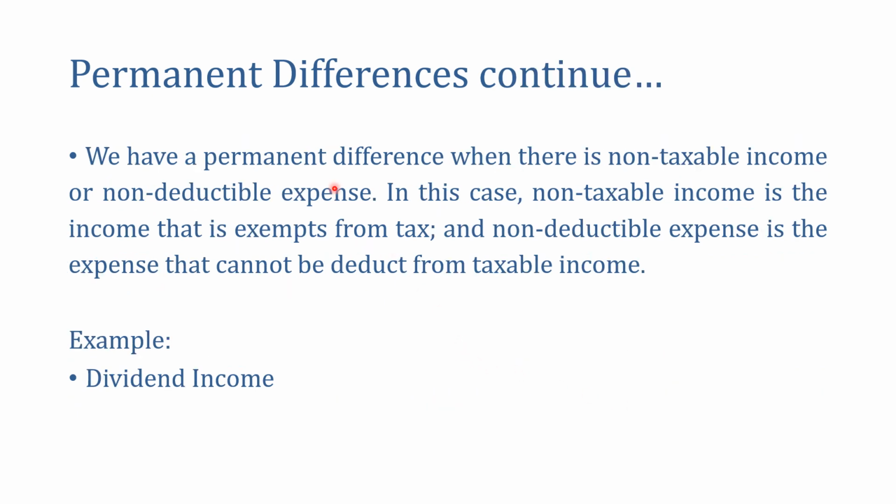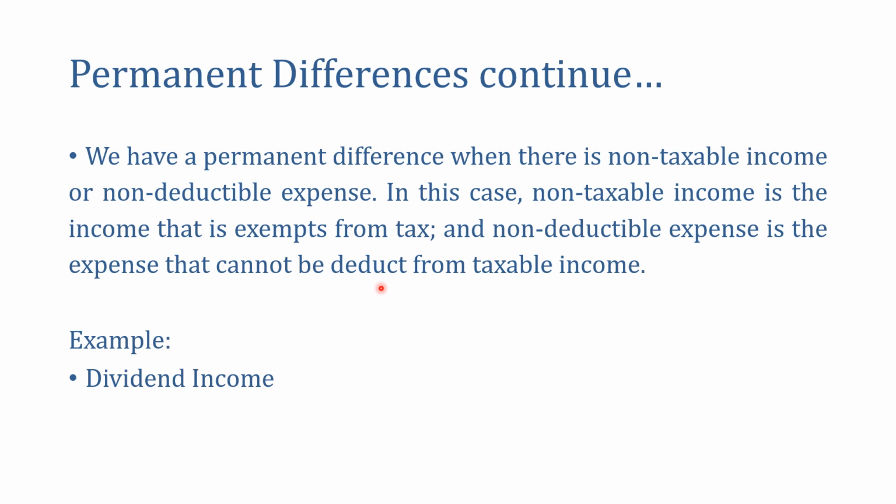So we have a permanent difference when there is non-taxable income or non-deductible expense. Non-taxable income is income that is exempt from tax, and a non-deductible expense is an expense that cannot be deducted from taxable income.